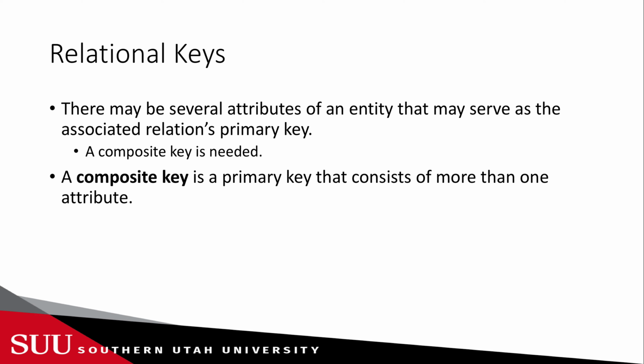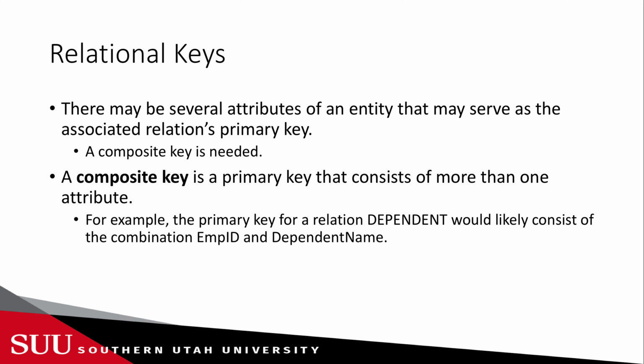If you recall, when we talked about flights, we said the flight number combined with the date is the primary key for that entity type, and therefore it's going to be the primary key for that relation or table. Now we have another example when we have an employee entity type and a dependent entity type. This would likely have a combination of employee ID and dependent name to represent the primary key for the dependent table.